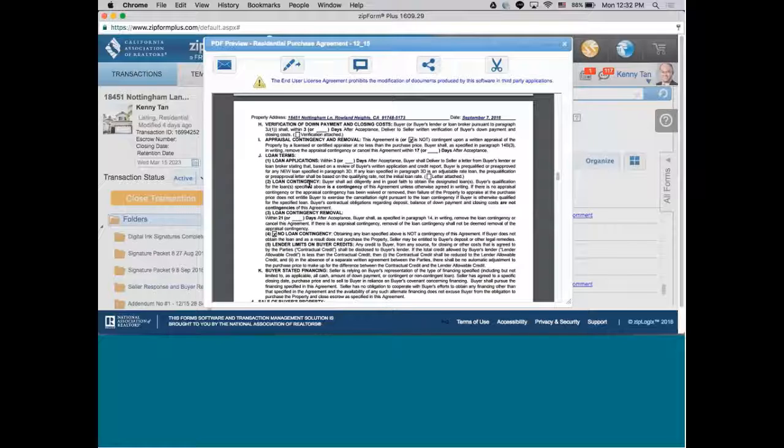They prepare an offer and tell the listing agent, if the appraised value comes in below the purchase price, but no worse than $20,000 below the purchase price, my buyer will make up the difference. If it's greater than $20,000 below the purchase price, my buyer maintains the appraisal contingency.